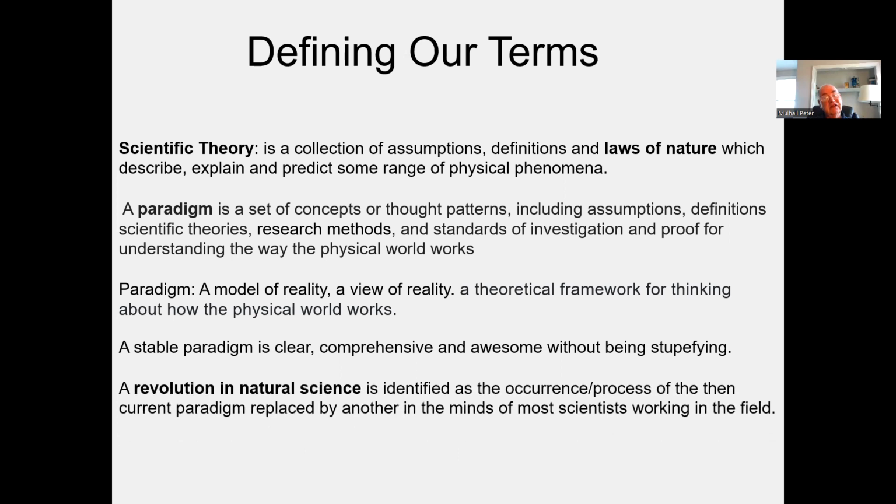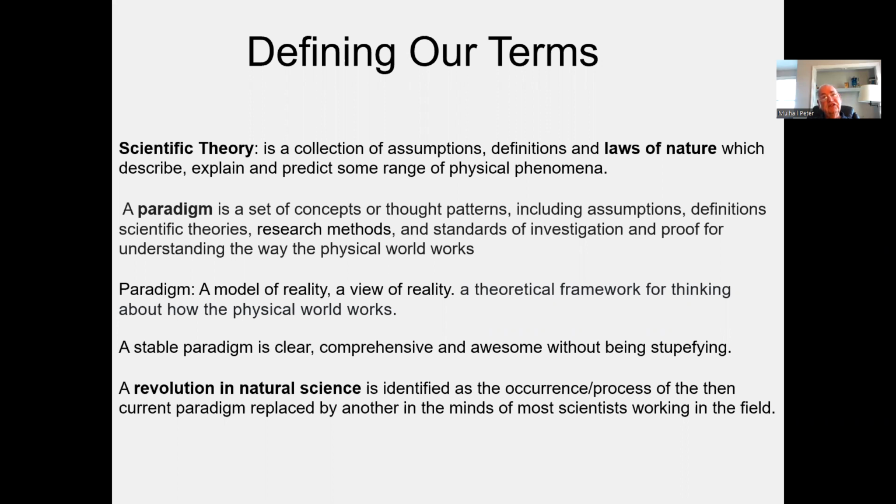And finally, the subject of our course, our final definition here: what is a revolution in natural science? We want to study an example of such, and we'll define a revolution in natural science as the occurrence, or maybe better, the process of the then-current paradigm being replaced by another in the minds of most scientists working in the field.